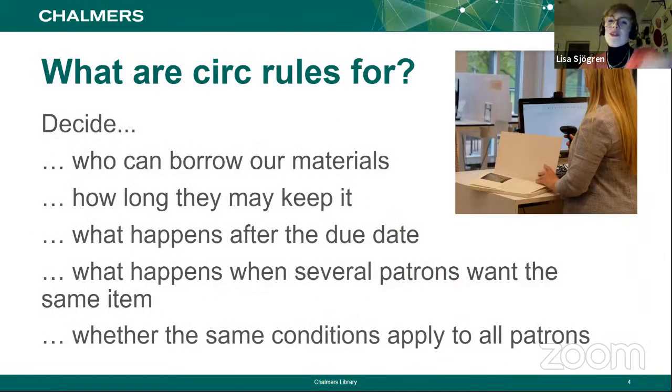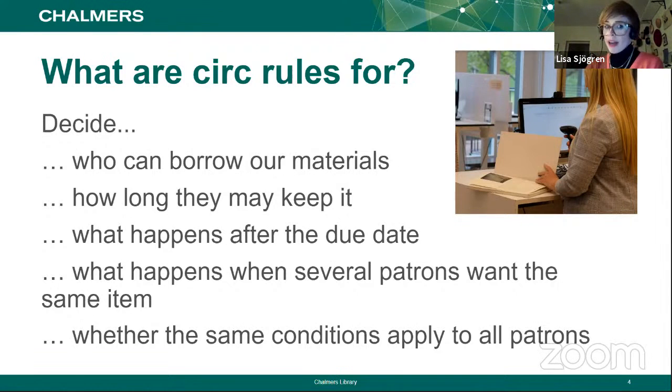So to go into the whole philosophical thing of what do we need the circulation rules for? It's basically so that we can decide who can borrow the materials that the library has to offer. It's how long those people can keep it. It's what happens if they want to keep it longer, if they don't return it when they should.